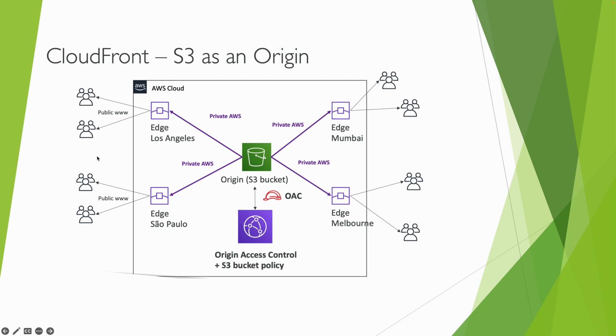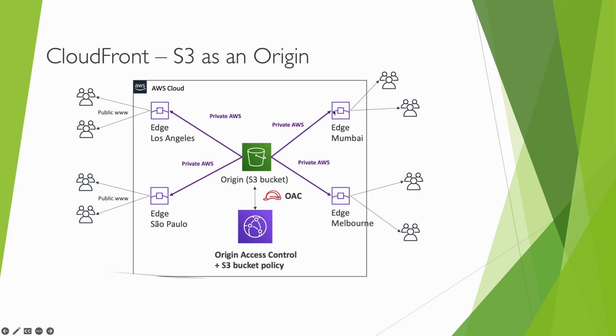Similarly, if you have another user from the European region, it will cache that and keep it in the edge location in Europe, and serve all the people in Europe from this edge location. The same happens here too.